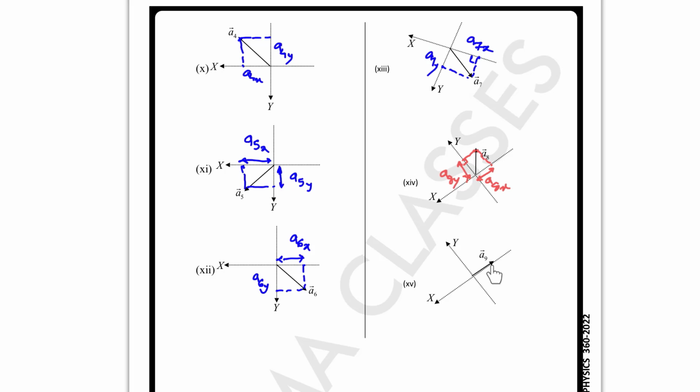Ten, this vector is along the axis, so how will you drop perpendicular? So in only 4 cases when the vector was along the axis, it was not possible to drop perpendicular on the axis from the head of the vector. So how we find the component in that case, we'll discuss later on.